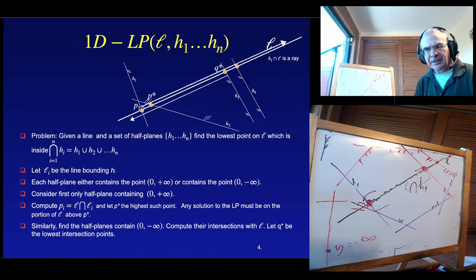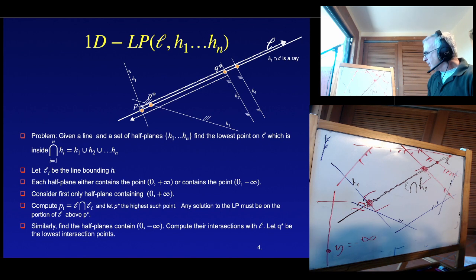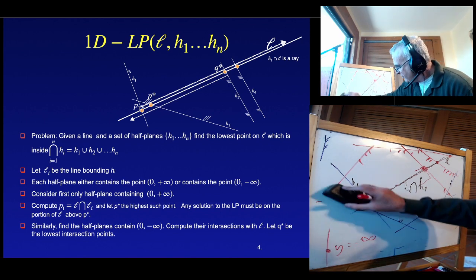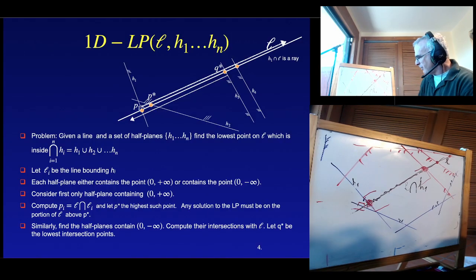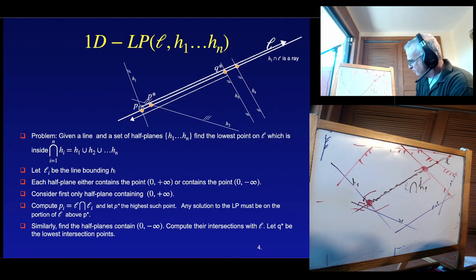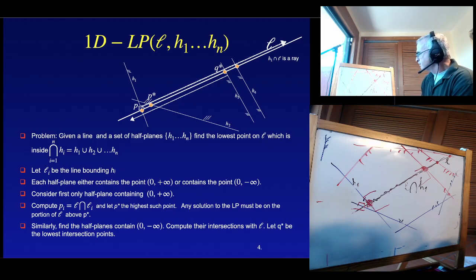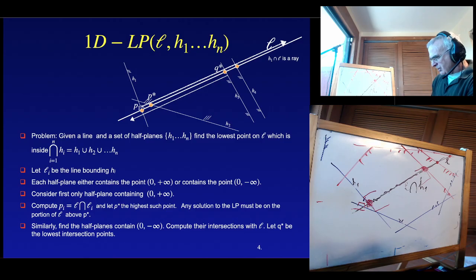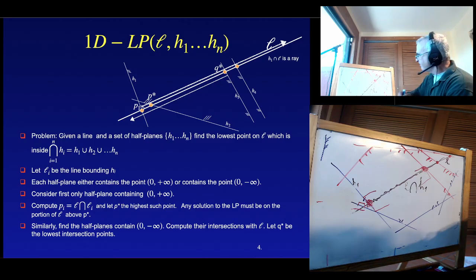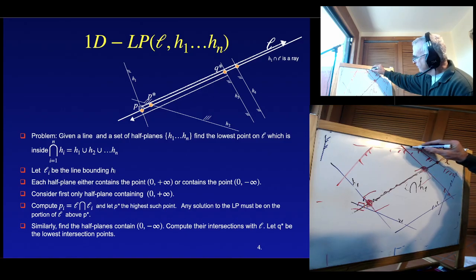Another interesting case: let's have yet another half plane that intersects all of them. Actually, in this picture it will be easier to add another half plane that looks upward.